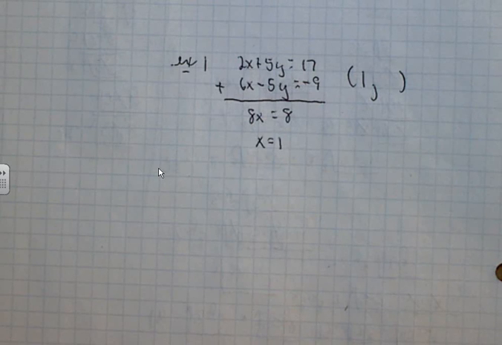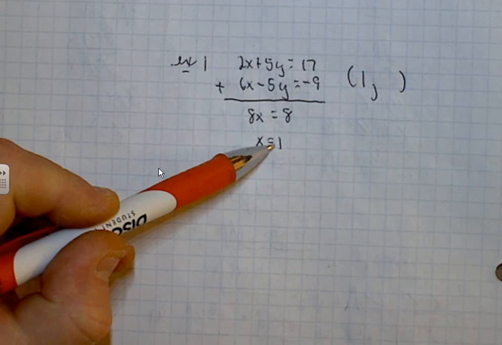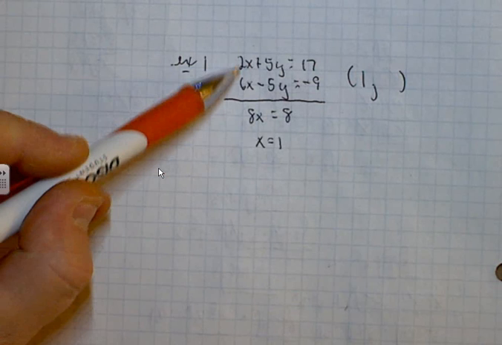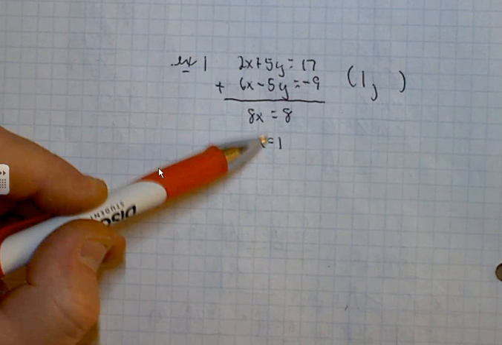Alright, what's step 3? Read your notes. Solve for the variable that you didn't eliminate by using substitution. So we need to go back up to one of these equations, and it doesn't matter which one, and put 1 in for x. The top one.